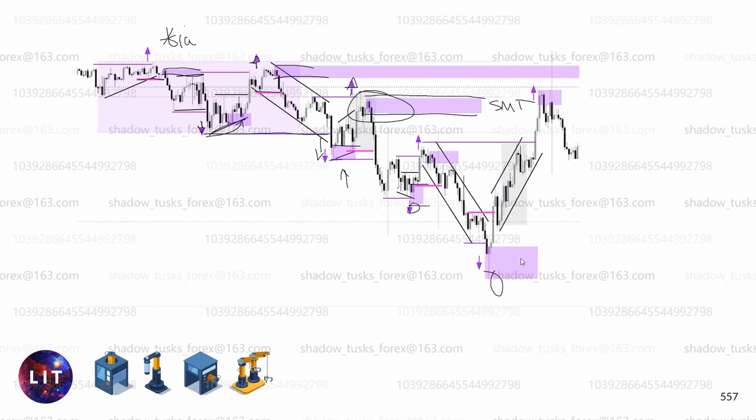This is just going to provide a quick pullback, not really too much reason to get in there. But with this one, it's definitely nice because look, you've got your inducement high right there, taking out this build up with vector candles.